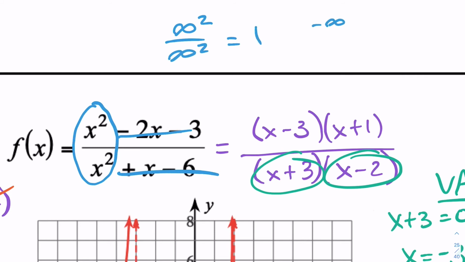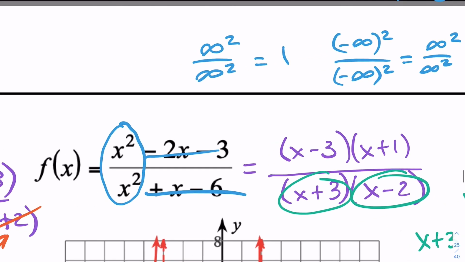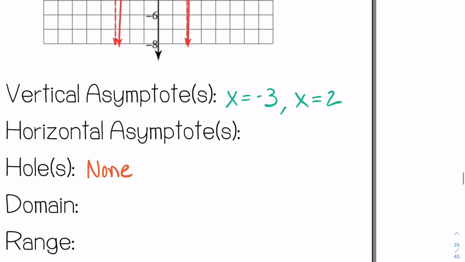And negative infinity squared over negative infinity squared is the same as infinity squared over infinity squared, which I think is 1. So I'm thinking my horizontal asymptote is just 1. So y equals 1 is my answer.